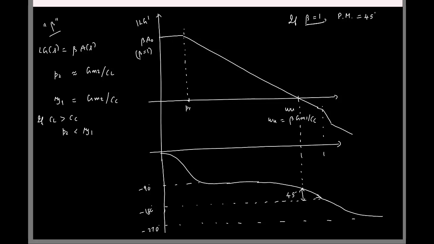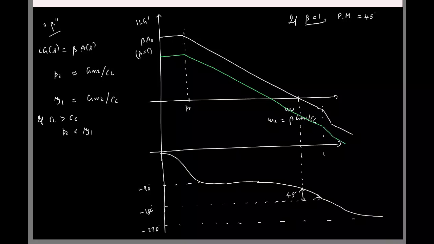The phase plot will remain the same, and the magnitude will scale accordingly. Now my omega u is here, and what is the phase? That's actually much better. So you can get a better phase margin.